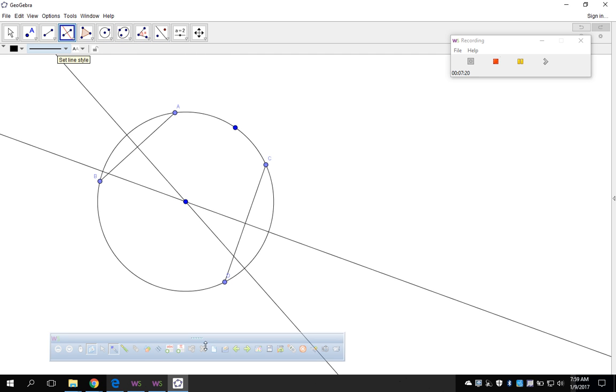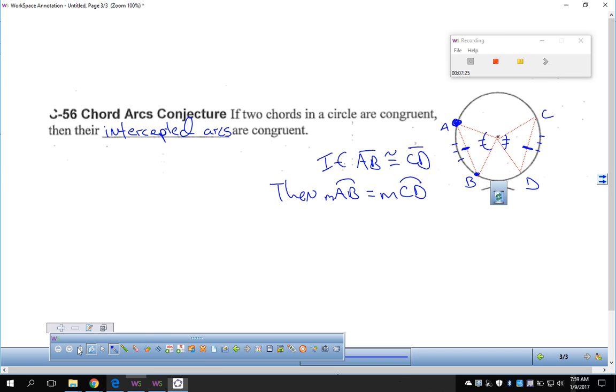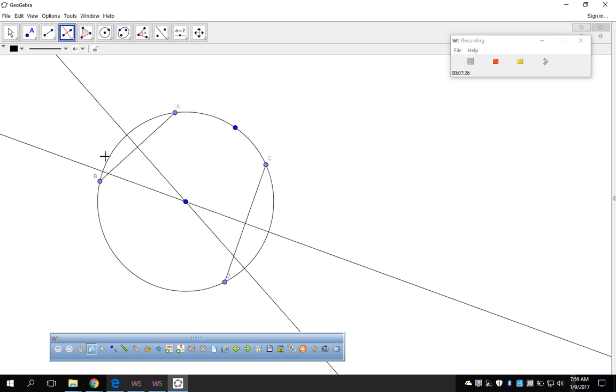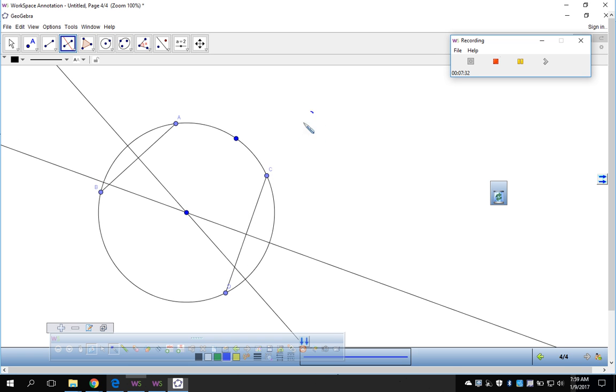That's kind of a cool thing. So C59, on the back page: the perpendicular bisector of a chord passes through the center of the circle.